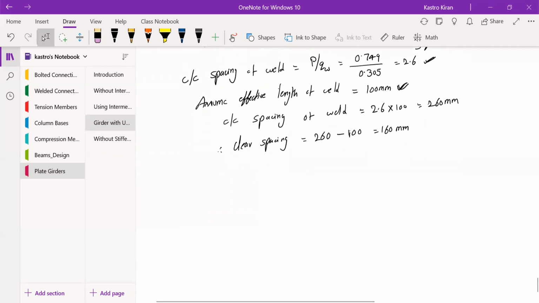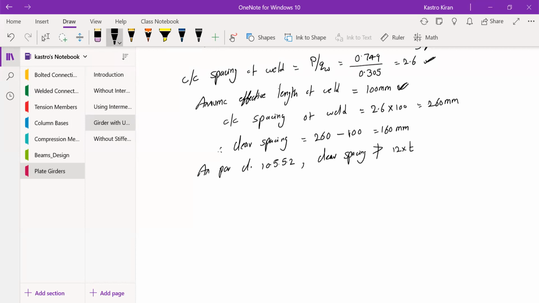But the thing is, the clear spacing value. If you refer as per clause 10.5.5.2, what it says is clear spacing should not be greater than 12 times the thickness. So it is usually thickness of the web. So what is the thickness of the web? 12 mm.